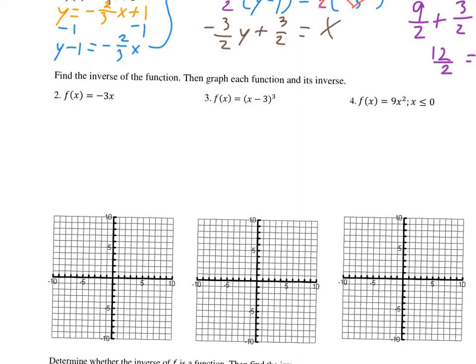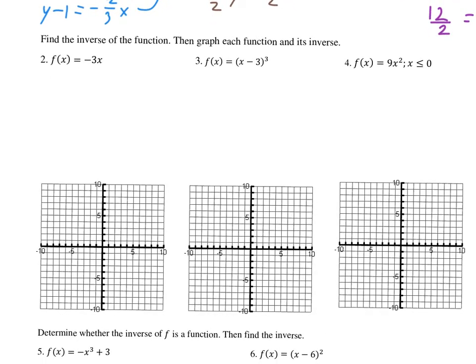So we look here at number 2, find the inverse of the function, then graph each function and its inverse. So we have initially f of x is equal to negative 3x. Our first step, swap our x and our y. So we have x is equal to negative 3y.